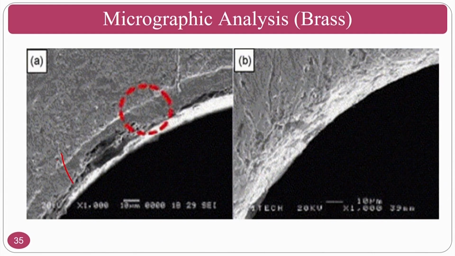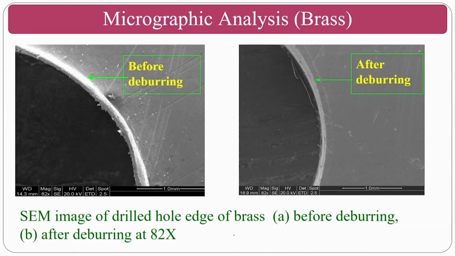You can see the burrs which are removed in the second case. You can see some of the burrs that are not removed from the drilled hole. These are the burrs before the deburring operation, and after the deburring operation you can see there are no burrs on the flat surface.